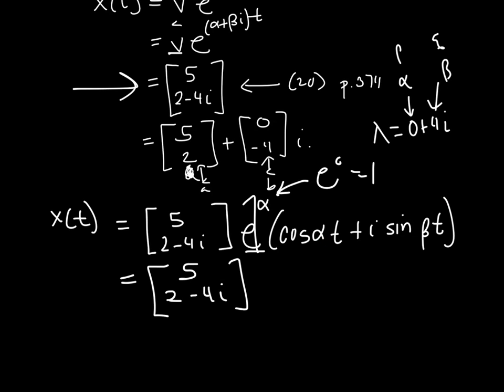Hopefully you can see we have our 2 by 1 vector times this value. When you have complex eigenvalues, you should have cosines and sines within your expression. This is basically it, but we can't stop here. We can simplify this using scalar multiplication and combining like terms, so you can match the back of your book answer.